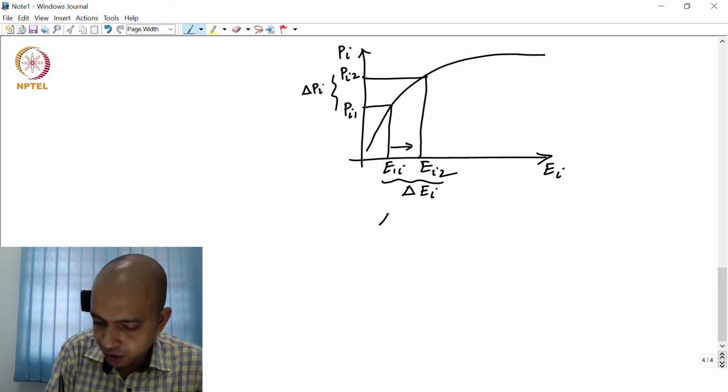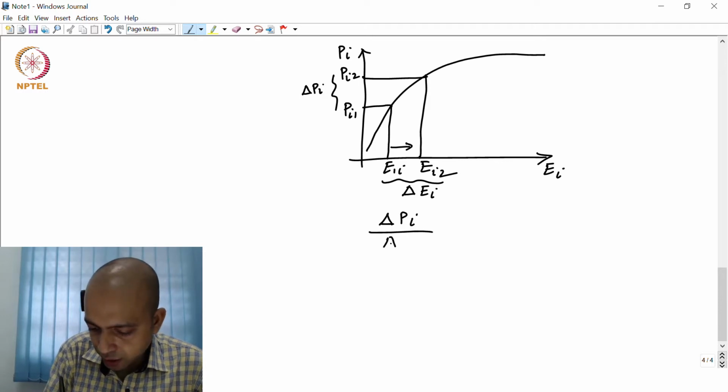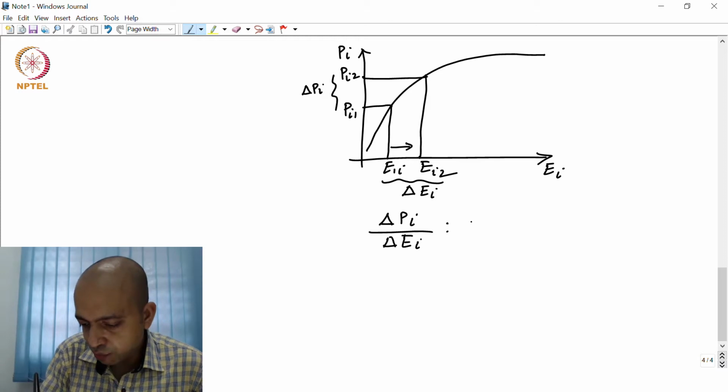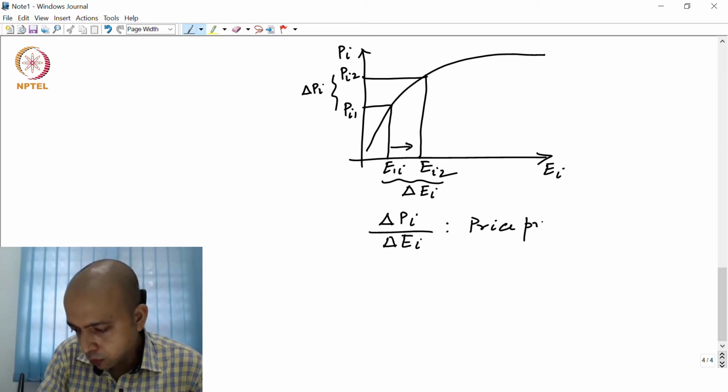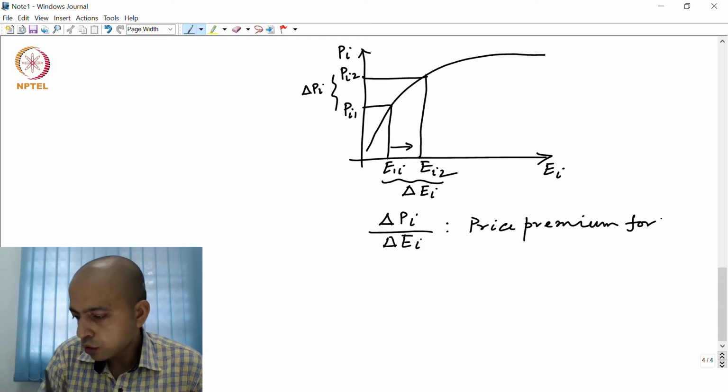So delta PI over delta EI is basically the price premium for better environment.